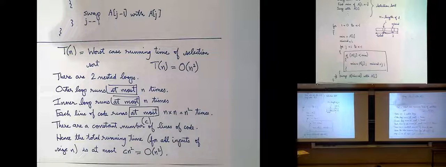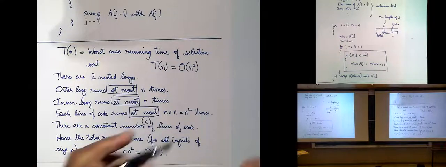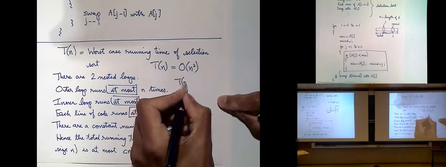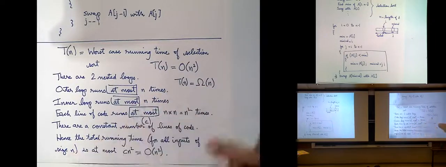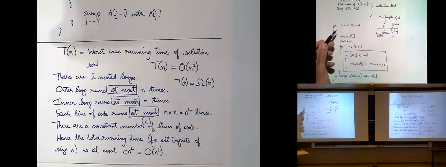It would be at least n because the outer loop runs n times. Good. So it's at least n. One thing that is sort of clear is that T of n is omega of n. I won't write down the argument explicitly, but you can see that the outer loop runs exactly n times, so these lines of code will execute at least n times. So it's omega of n.